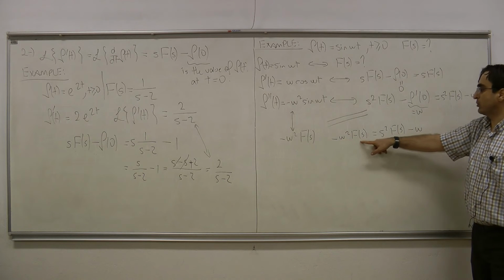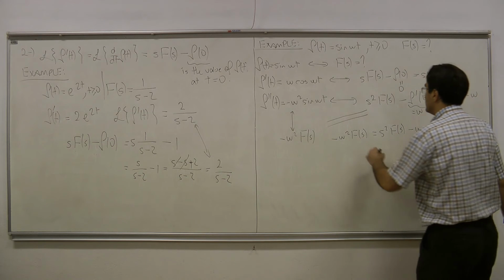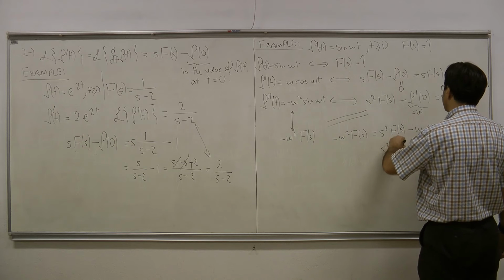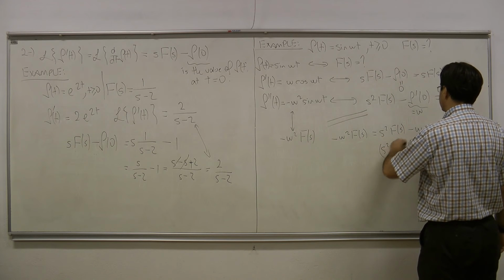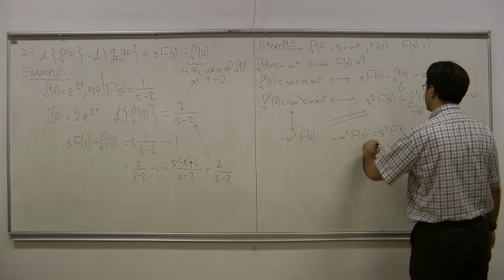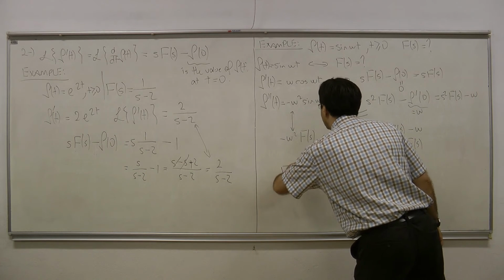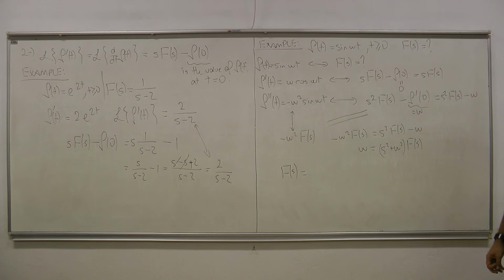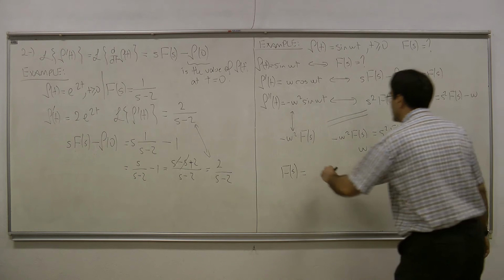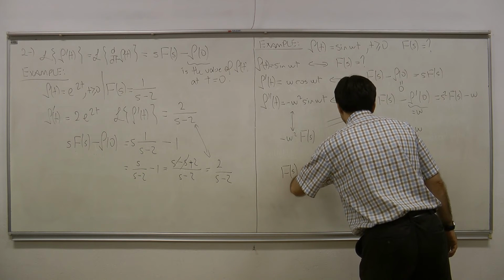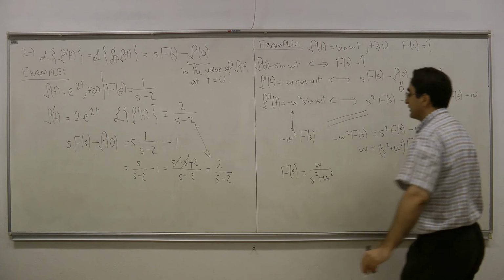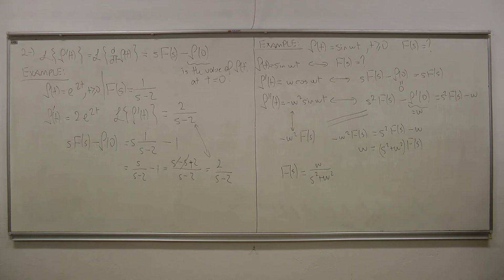Take minus omega square F of s to the right. So I would have s square plus omega square times F of s is equal to omega. So then from this equation I can solve what capital F of s is. Okay? It is going to be omega over s square plus omega square. All right?